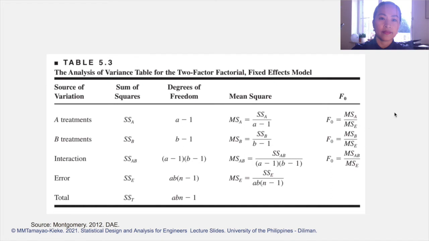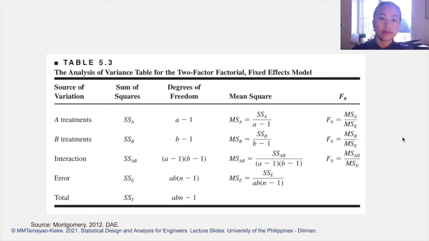So here the sources of variation include your two factors or your treatments, A and B in this case. And then you have your interaction, your error, and then your total. And then you have your corresponding sum of squares, your degrees of freedom, and then your mean square, which is just equal to the sum of squares divided by the degrees of freedom.